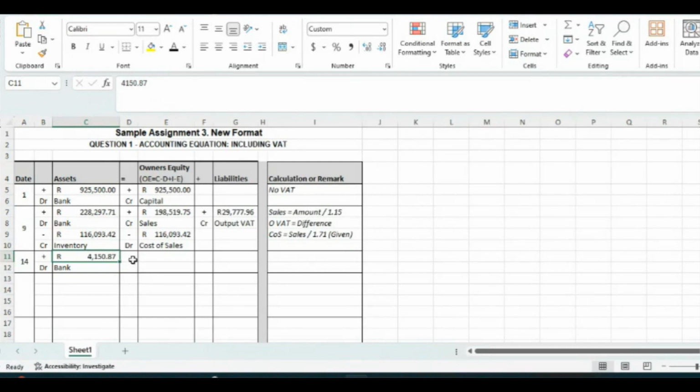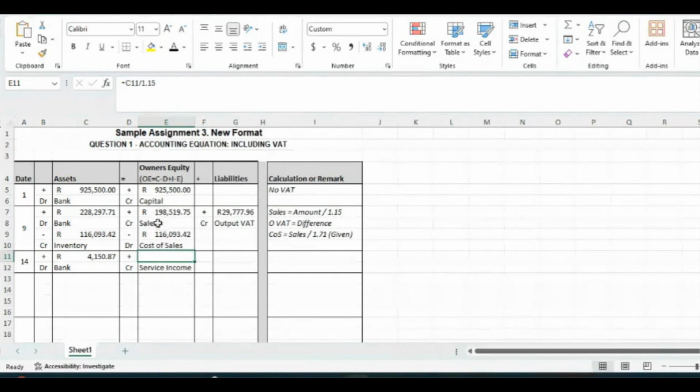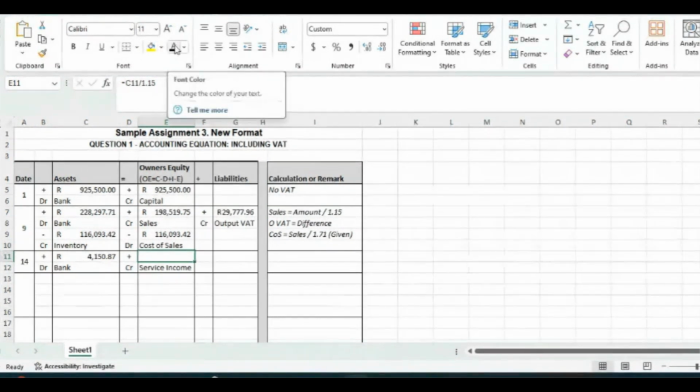Okay. But then as far as our income is concerned, our service income, and we use exactly the words that they give us in the assignment. So as far as the service income is concerned, that will obviously then be credited. It will also increase, but now we are going to divide it by 1.15 because we want the VAT exclusive amount again.